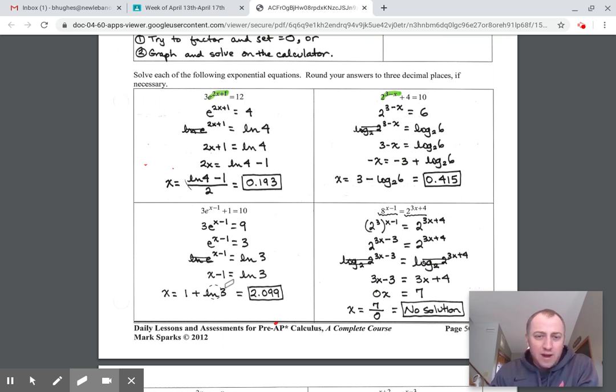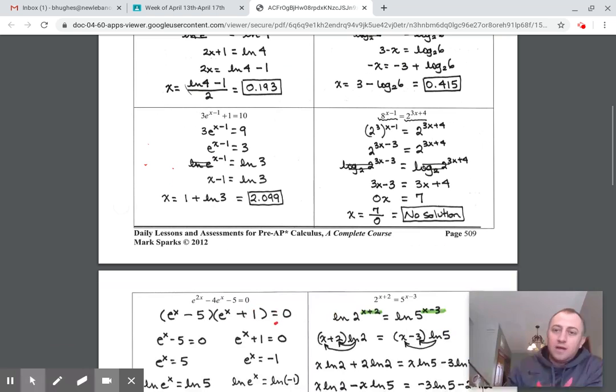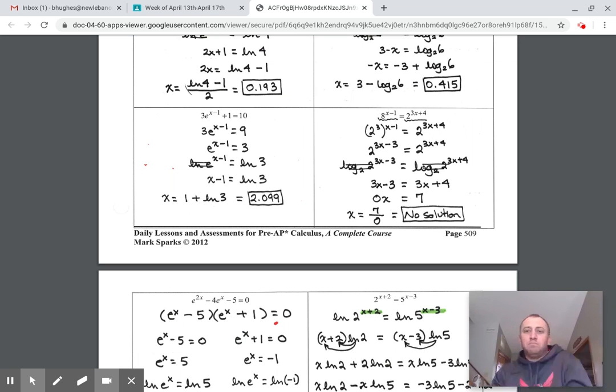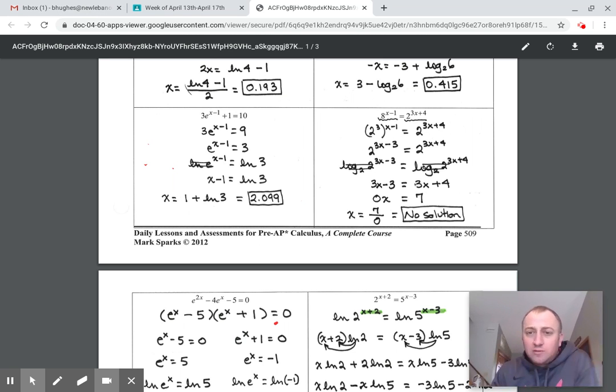This next example right here is pretty much the same. So I want to talk about this one to the bottom right. There's really not a tricky part about that, nothing wrong with this problem. The only thing is, if I rewrite both sides, previously we would have stopped right here at 2 to the 3x minus 3 is equal to 2 to the 3x plus 4, because at that point, both sides of your equation are rewritten with the same base.